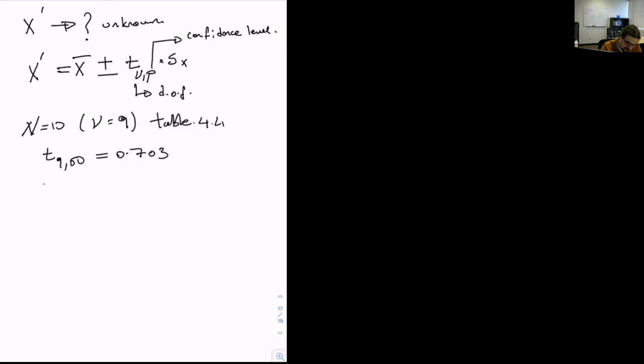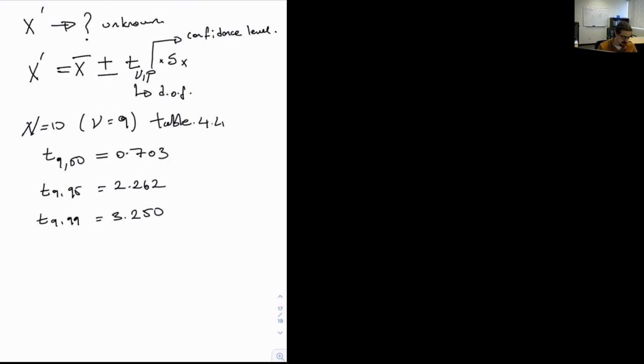At the 95th percentile, this value becomes 2.262, and at the 99th percentile, this becomes 3.250.